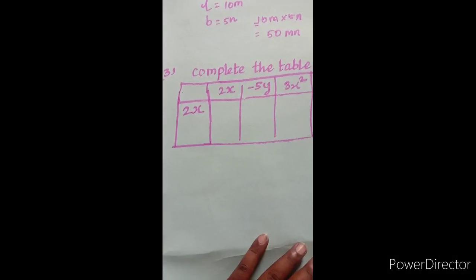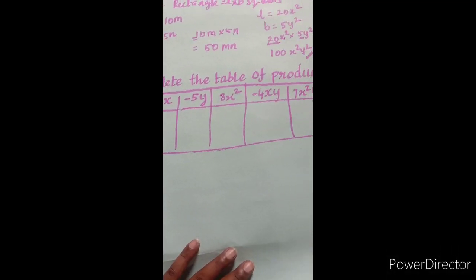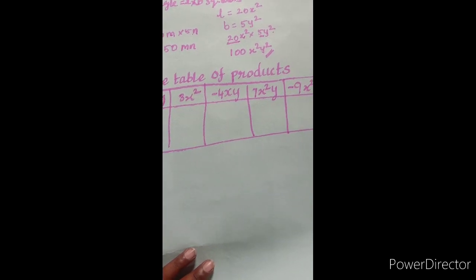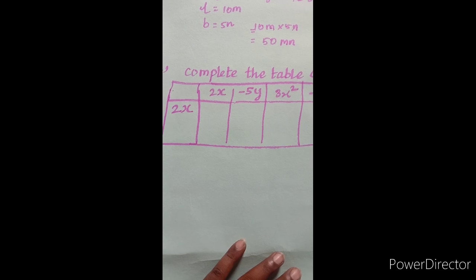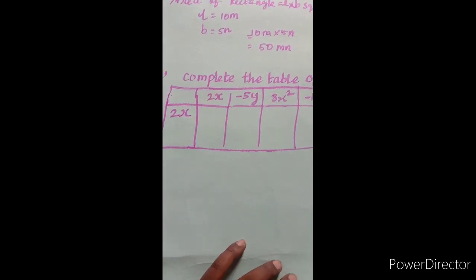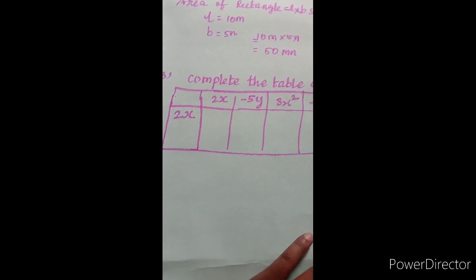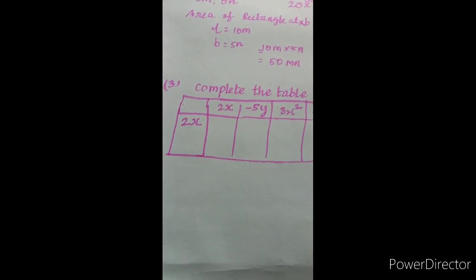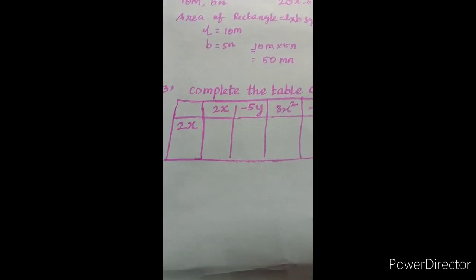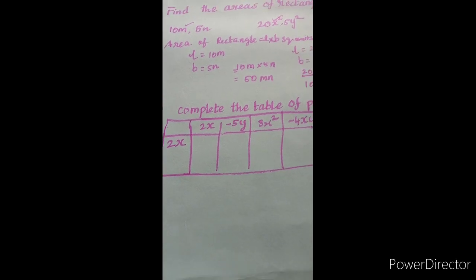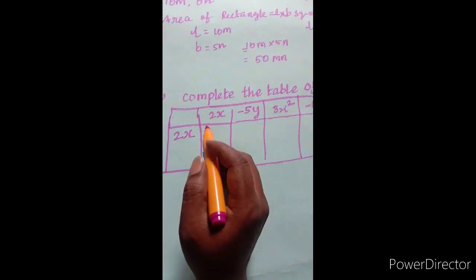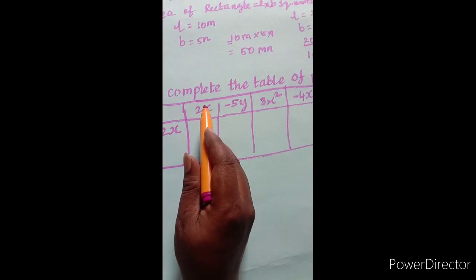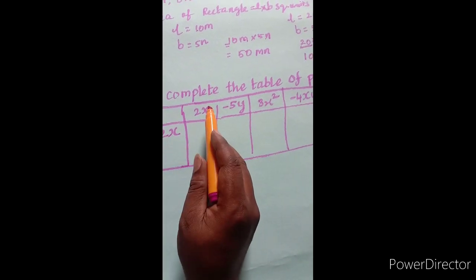Third question, complete the table of products. So here they have given 4 columns. I am doing only one column for you. Directly we can do the sums, multiplying the products 2x and 2x.